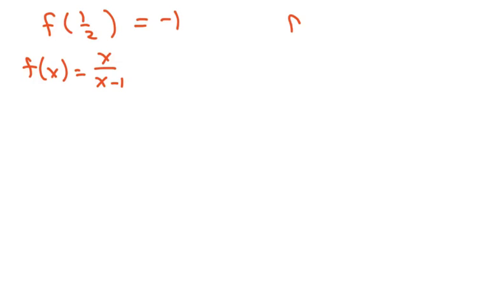Now we've got to plug in f of 1/2 into my original equation, which was x over x minus 1. And when you plug that in, you're going to get negative 1. And we're going to plug in f of 2 also, and when you plug that into the equation, you're going to get 2.